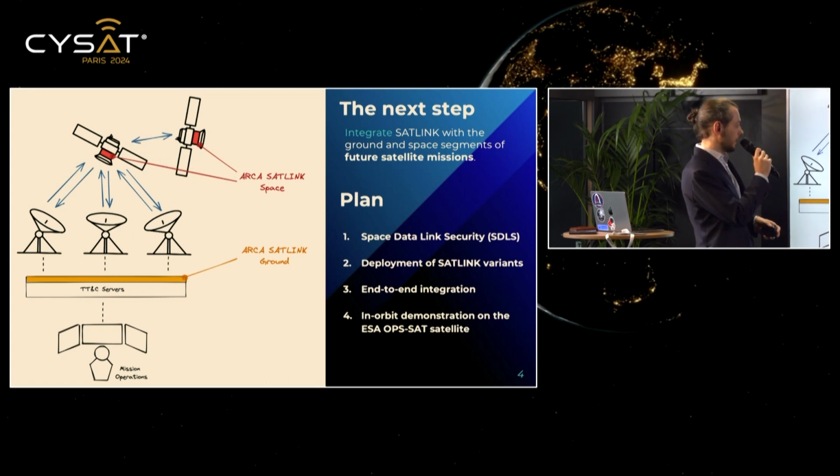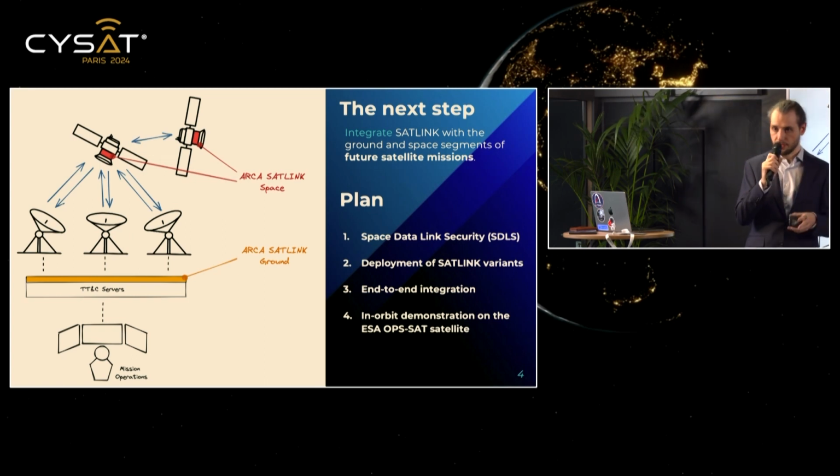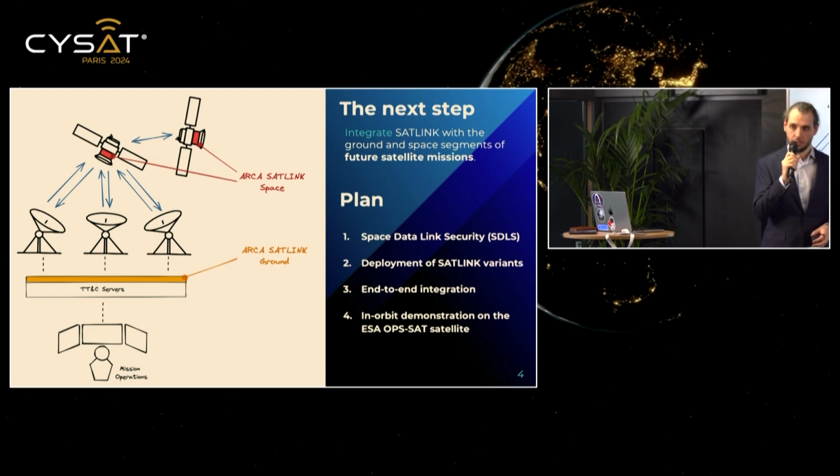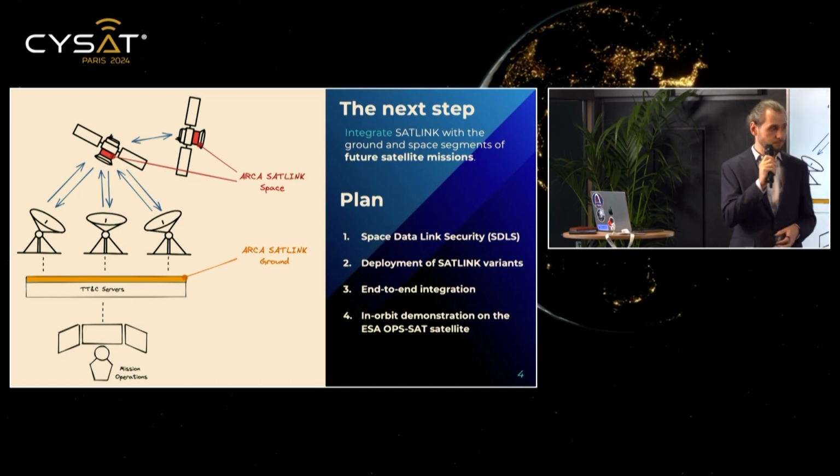I will then tell you about how we deploy our various variants of SATlink, after which I will tell you about how we make sure the integration process goes smoothly and we are not breaking the satellite communication. And finally, I'll be giving you a glimpse into our first in-orbit demonstration, so I'll be skipping a few steps into the future of that integration process and give you the first results we've had in orbit with our product.